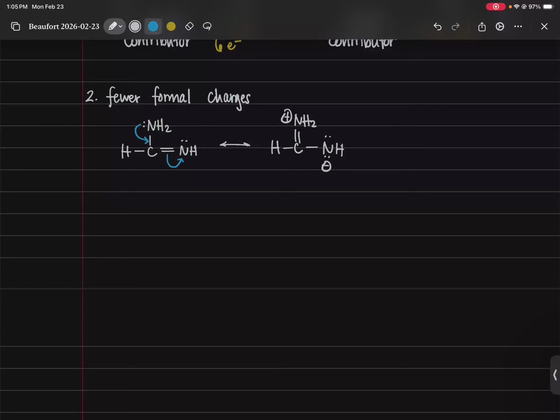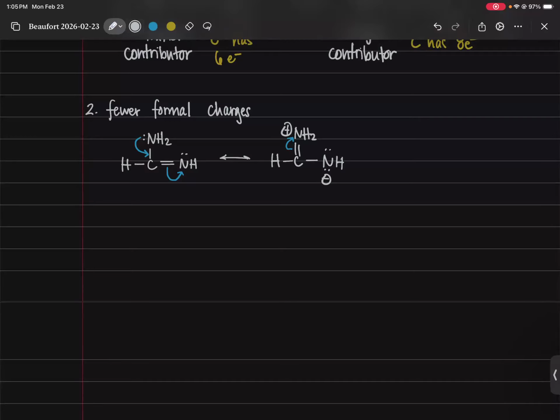Or we could draw this. Split the pi bond between two atoms of different electronegativities. This is going to require both rules, in fact.